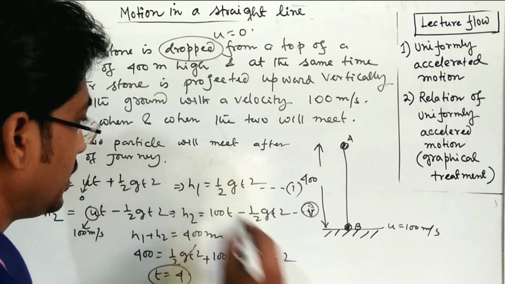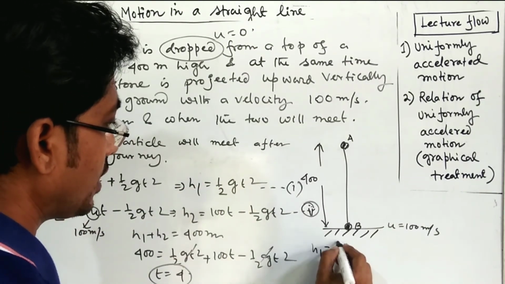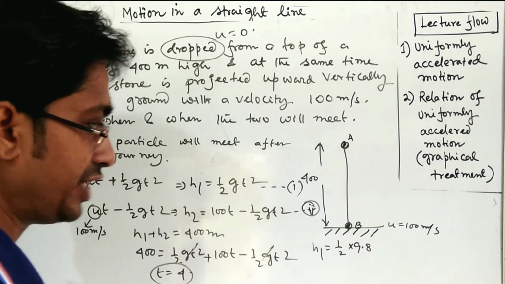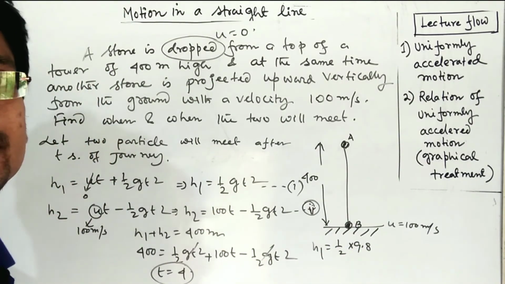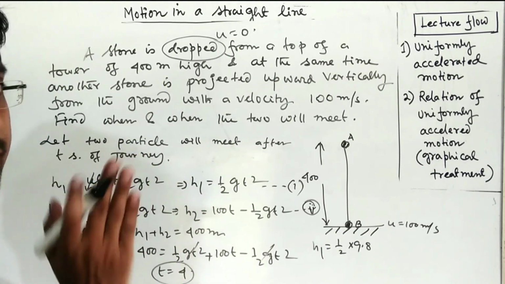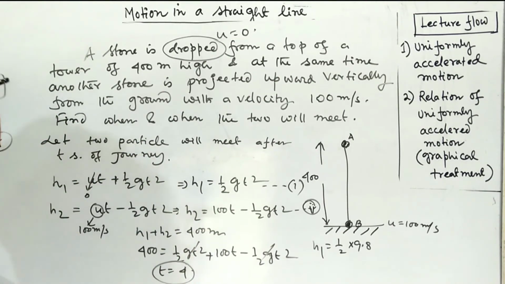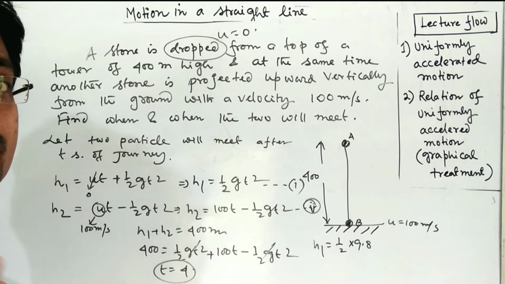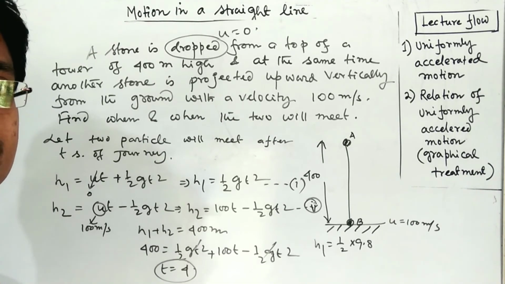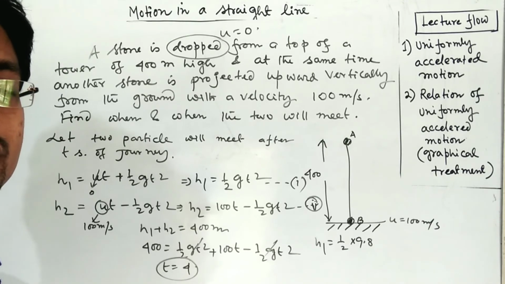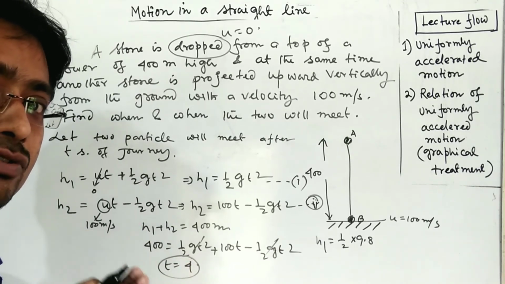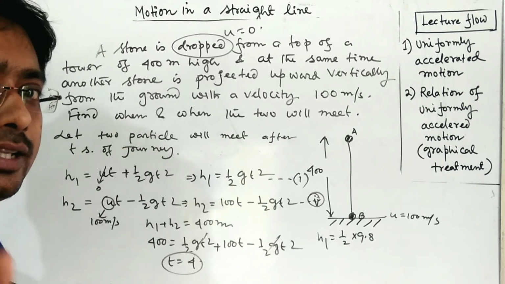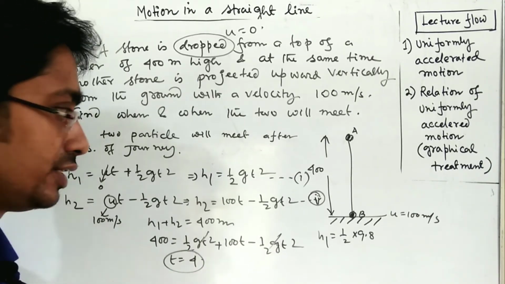Now if we put it in equation 1, then we get H1 is equal to half G, that is 9.8. Don't put 10 here, dear student, mind it. If no value of G is specified, then put 9.8. If the question paper specifies G is equal to 9.8 or G is equal to 10, whatever it may be, you put that. But if nothing is specified, then put only 9.8, don't put 10.